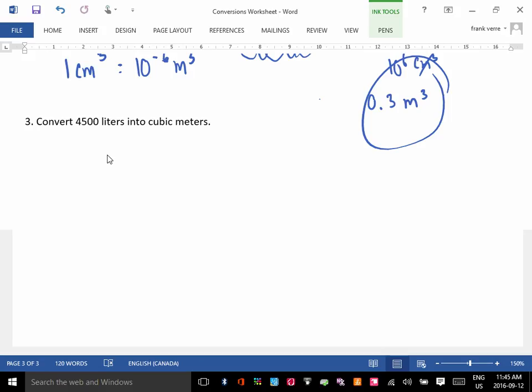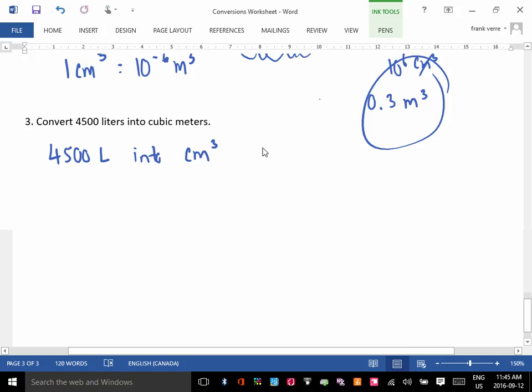Okay, so you might want to convert liters into milliliters first. We don't have to do it that way. Let's just do it that way. Let's convert it first into cubic centimeters, okay?